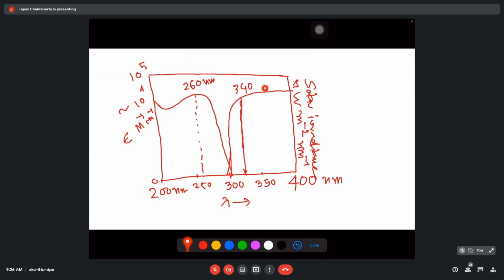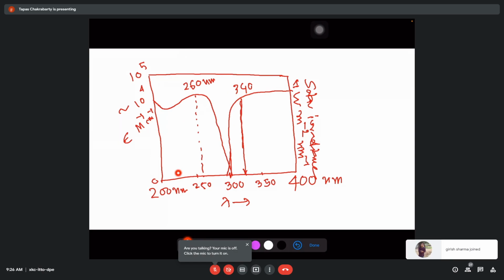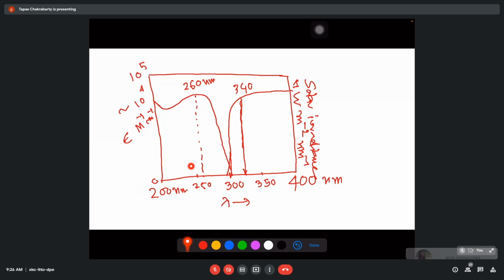But what I'm trying to say is that before the appearance of your ozone layer, nearly 2 billion years ago, when the ozone layer was not present, the solar radiation was much more abundant in this region, where these base molecules absorb.